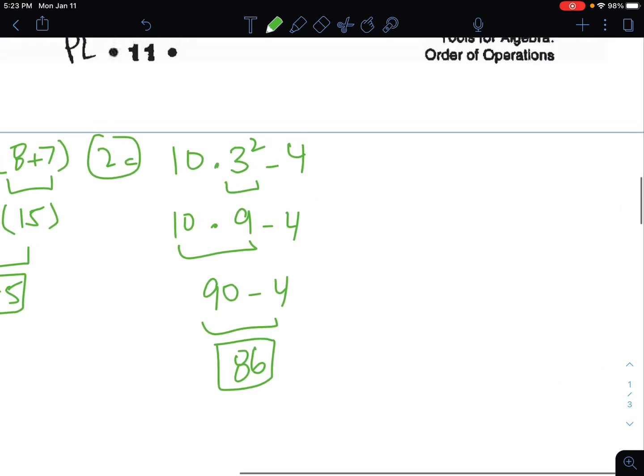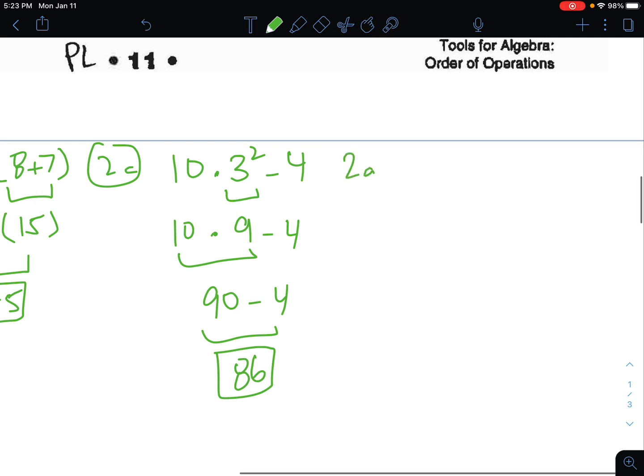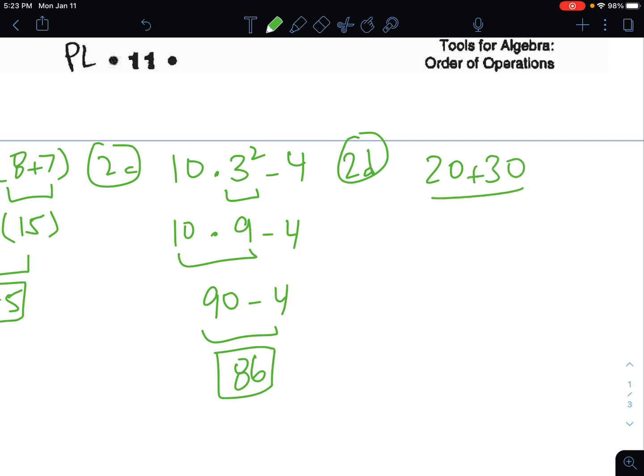2D. Got a couple more to do. That's 20 plus 30 over 12 minus 7. You basically have to treat these fractions as if there are parentheses on top and on the bottom.